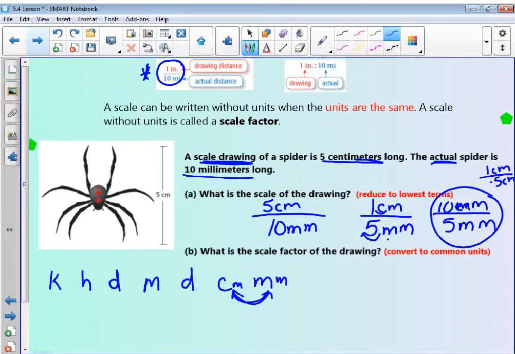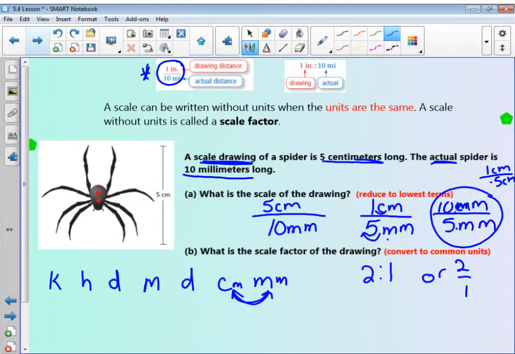And it really doesn't matter. A scale factor is not going to matter. So now if I go through and I change this, it becomes reduced down. This would be 2 to 1, or 2 over 1. Okay, so that's working a scale factor.